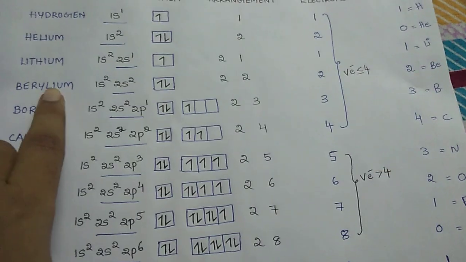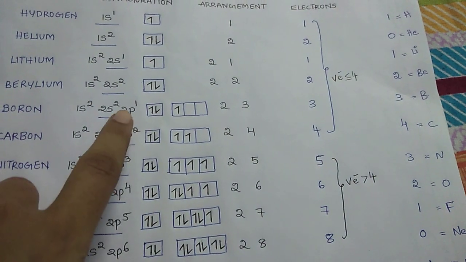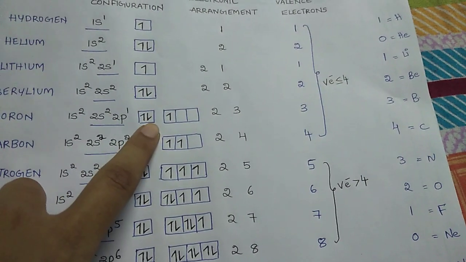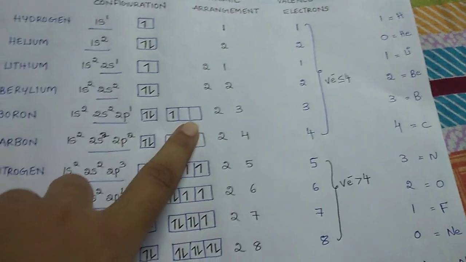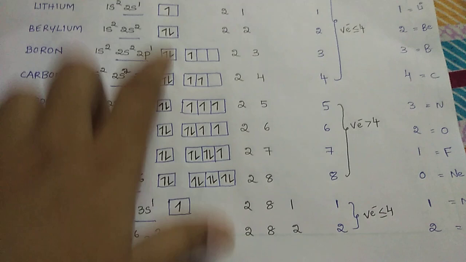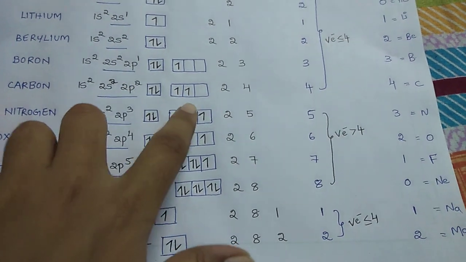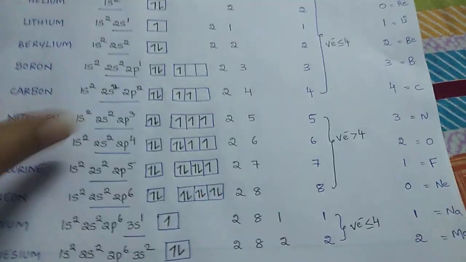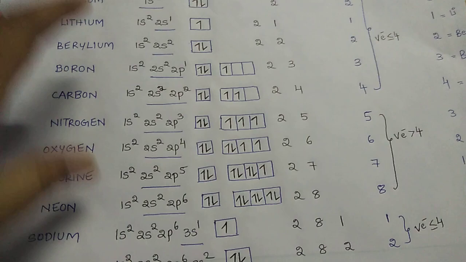So for beryllium, 2 electrons in the 2s orbital, and for boron, 3 electrons, out of which 2 are in the 2s orbital and 1 is in the 2p orbital. For carbon, 2 electrons are in the 2s and 2 electrons are in the 2p orbital. Another difference is also present here.